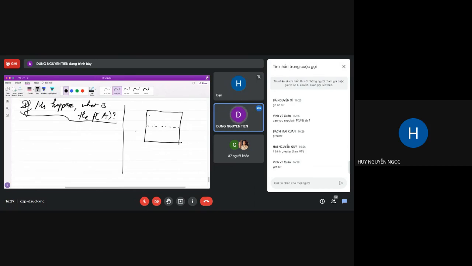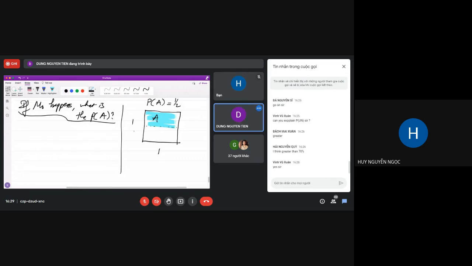Let's say this is A. What is the probability of A? Can you tell me? The probability of A in this case is 1/2, right? It is the area of this part. Am I right?